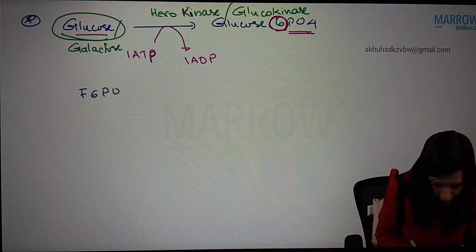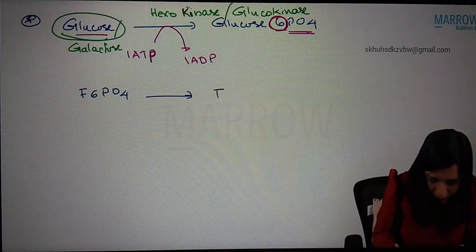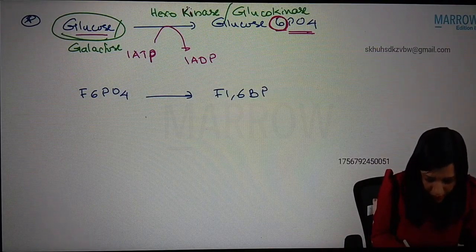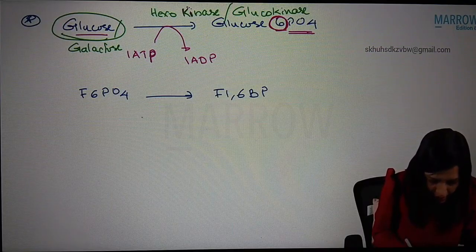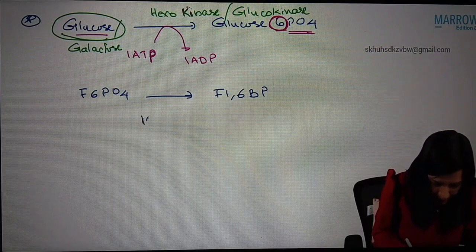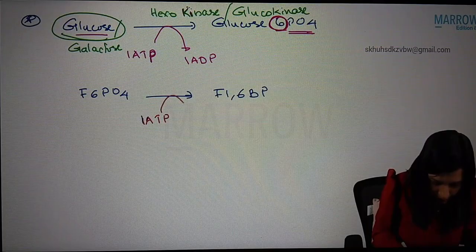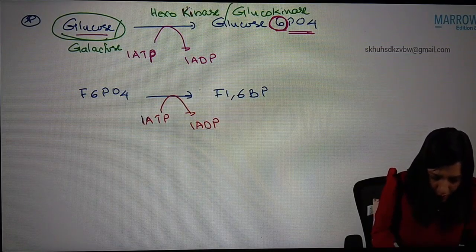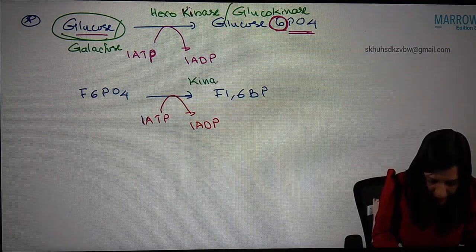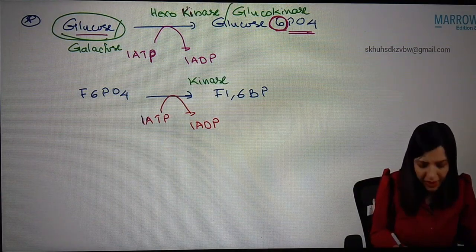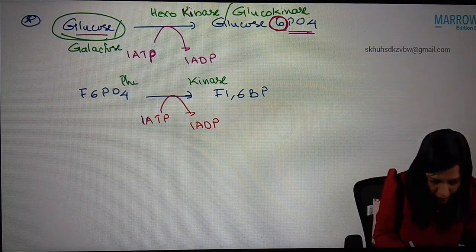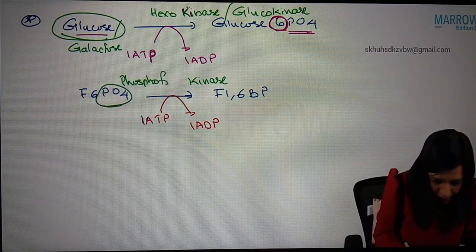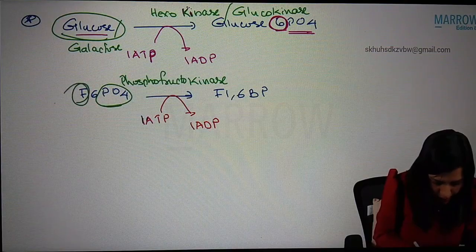The other classical example is fructose 6-phosphate converted to fructose 1,6-bisphosphate. In this reaction also we can see 1 ATP is donating the phosphate group, so that 1 ADP is formed. Whenever ATP is acting as a donor, we write it as kinase, and this kinase is called phospho, because there is a phospho here, then fructo, because there is a fructo here.